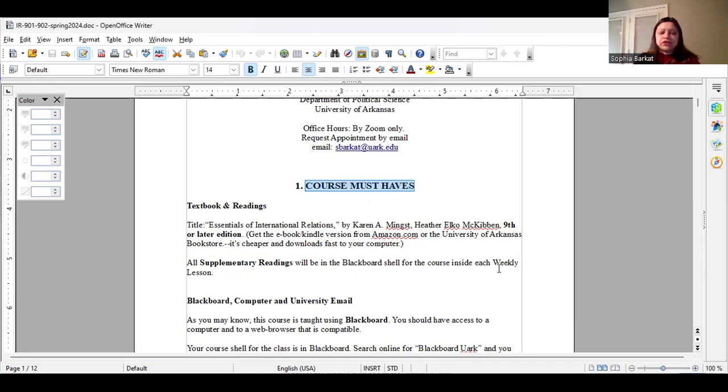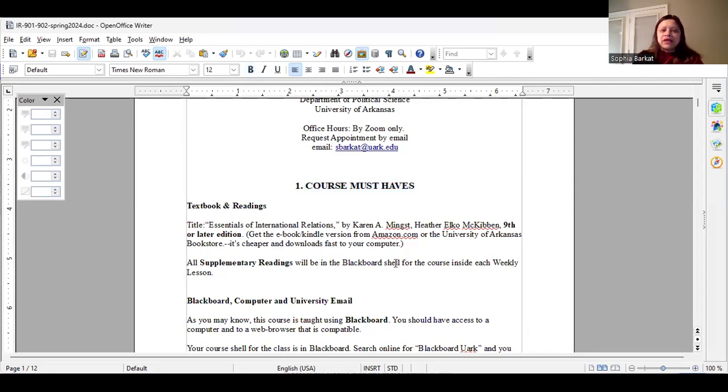There's not a lot of print versions in circulation. If you are lucky to get the used versions, if it's the 9th version or 7th or 6th version, that's fine. The ebook or the Kindle version is the one that's readily available from Amazon.com. University of Arkansas sometimes carries the e-version. You can check with them as well.